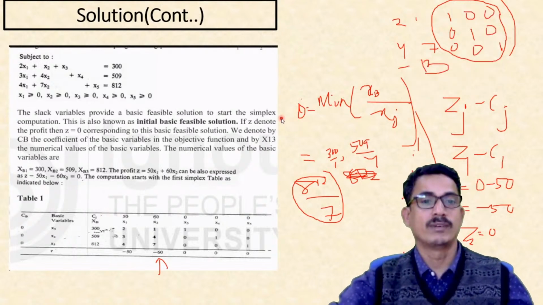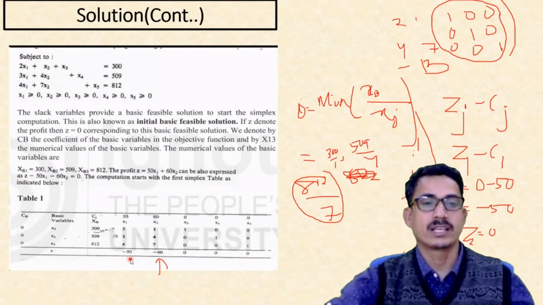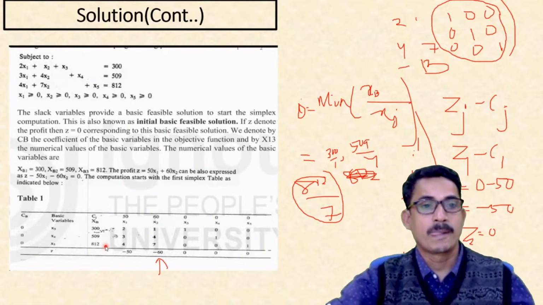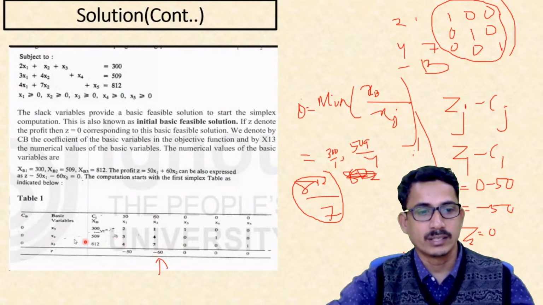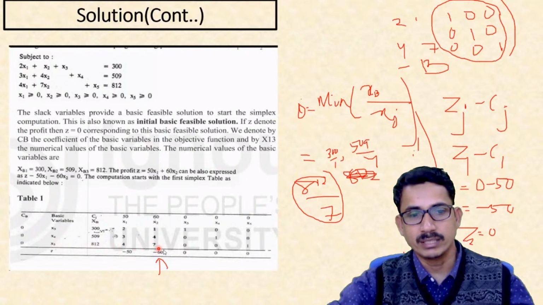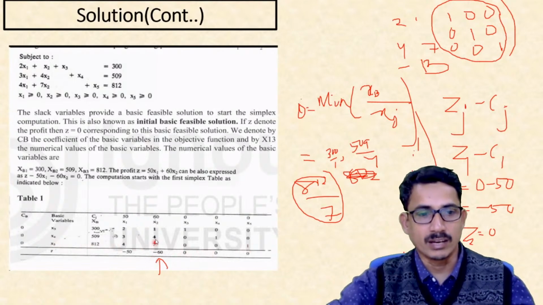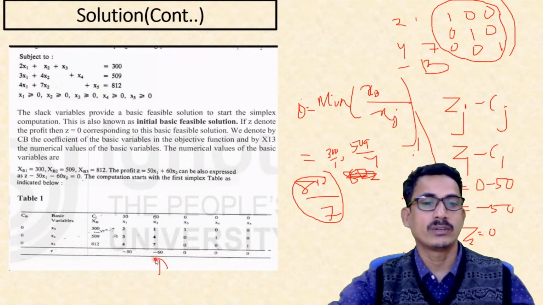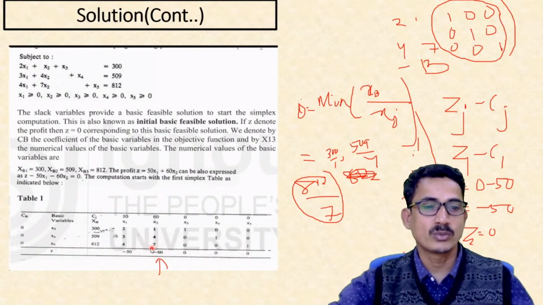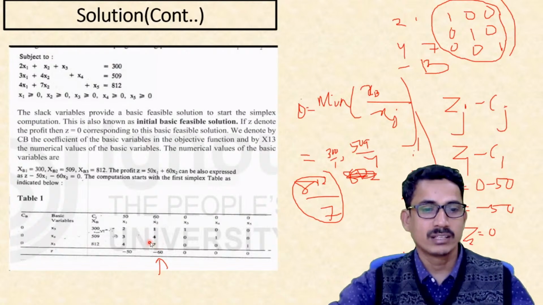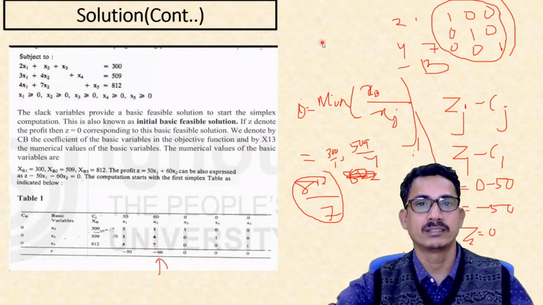Two, three things you have to remember when solving manually, because this can be solved by software also. First of all, find out this is incoming and x5 is the outgoing variable. When any variable comes in and any variable goes out, the intersection portion is what? The 7. This is called the key element.